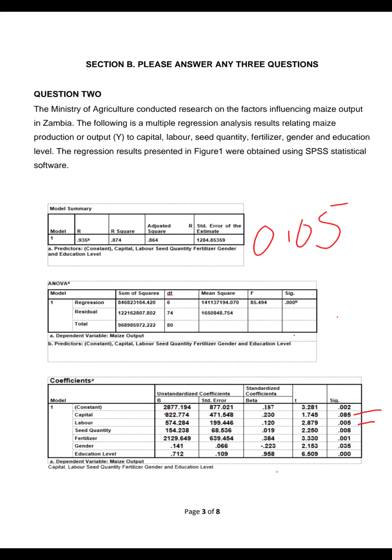So we start with capital. A unit increase in capital increases maize output by 822.77 units, isn't it?